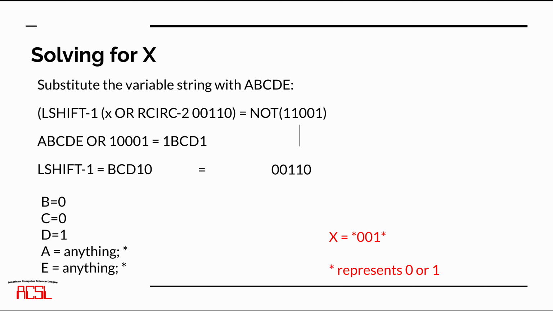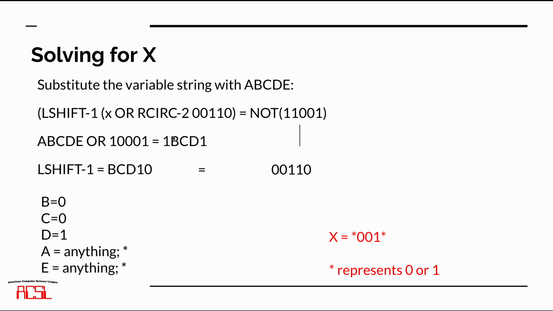So we have A, B, C, D, E, or our circle 00110. I actually went ahead and performed the R circle prior, so right circle 2 for the string would be 10001. We're doing OR A, B, C, D, E.